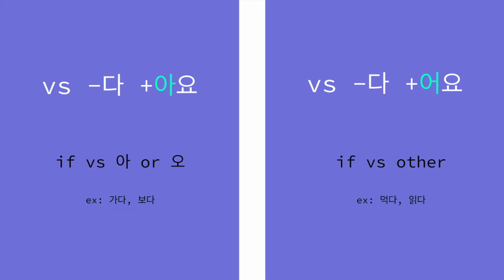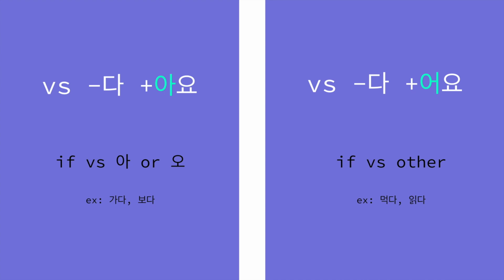How to know whether to use ayo or oyo depends entirely on the vowel within the verb stem. If the vowel in the verb stem is an a or an o, then you conjugate it with ayo. For example, 가다 and 보다 both have, this has an a and this has an o, so it ends with ayo.